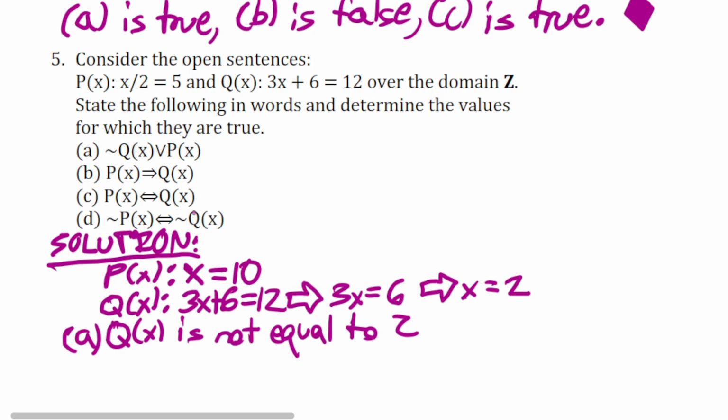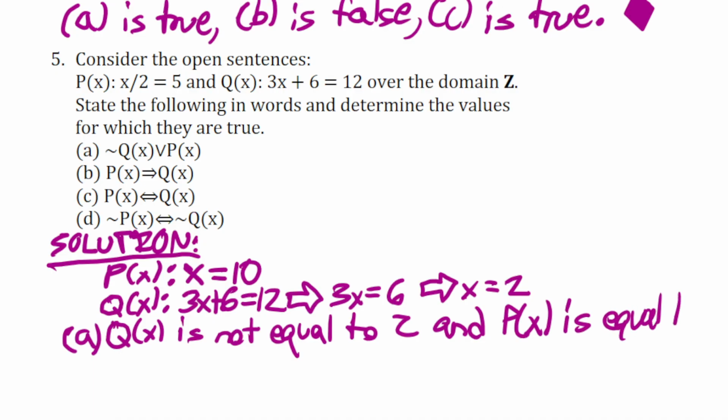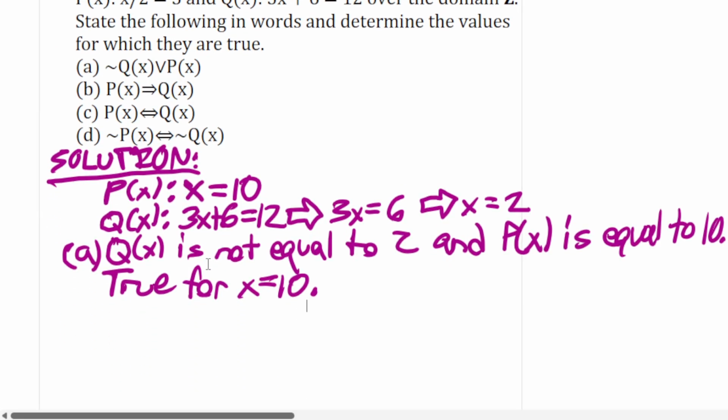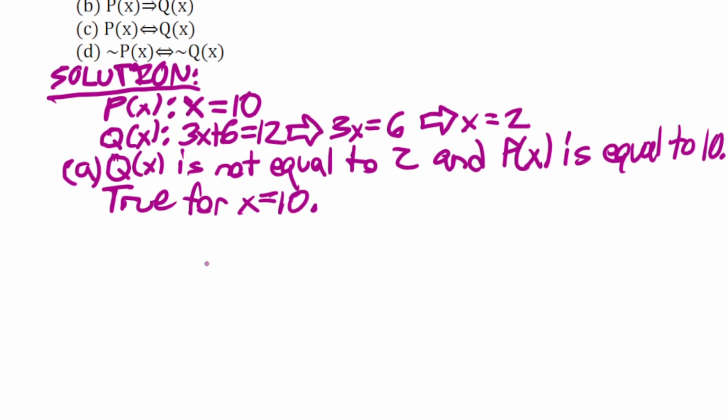Q of x is not equal to 2, and P of x is equal to 10. And this is true when x is 10. And you can construct a truth table if you want to look at the truth values, but we're looking at these logically just to save writing.